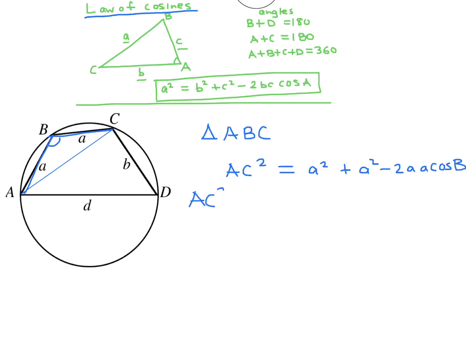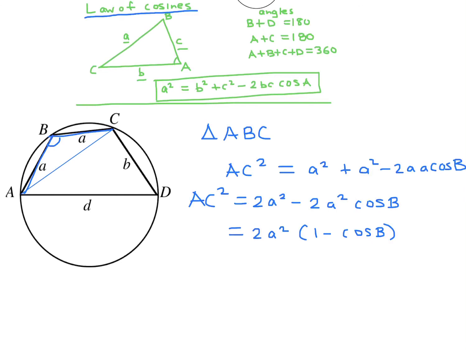So therefore, AC squared is equal to 2A squared minus 2A squared cos B. And you can factor out a 2A squared, and this becomes 1 minus cos of B. All right? So no tricks so far, just the standard law of cosines.